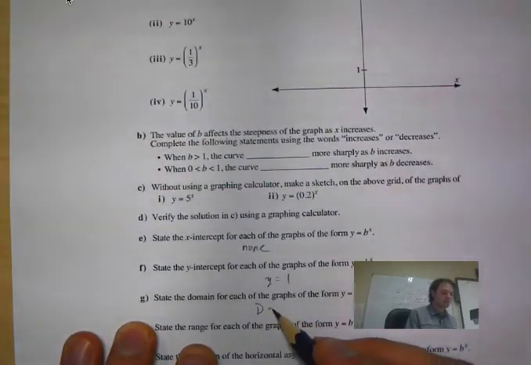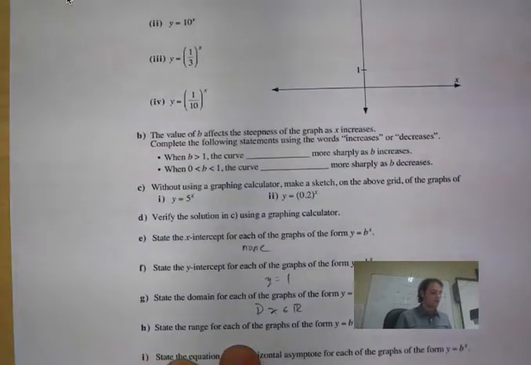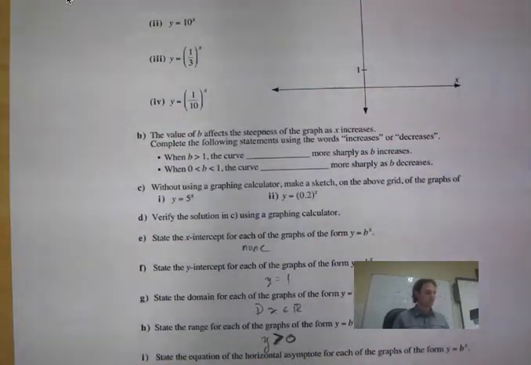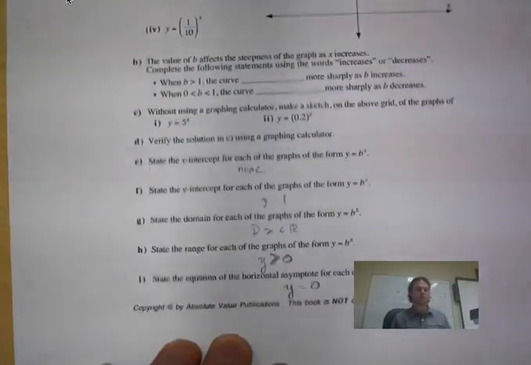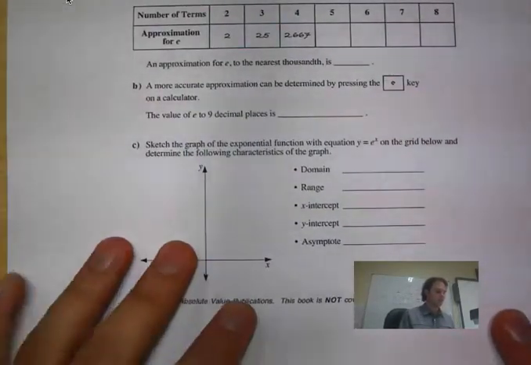The domain is x is an element of all real numbers. The range for each, y, must be just greater than 0, not equal to. State the equation of a horizontal asymptote. Well, that is when y is equal to 0. So I just kind of solved those there for you based on that one.